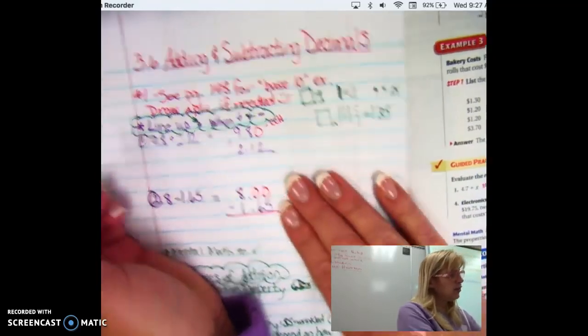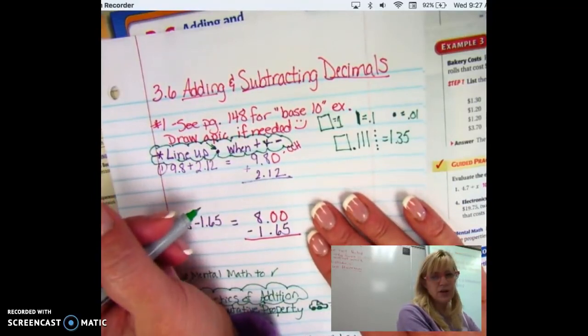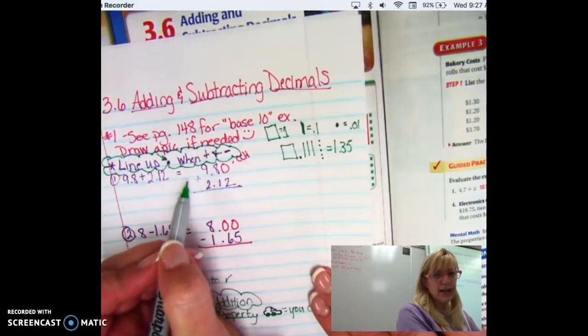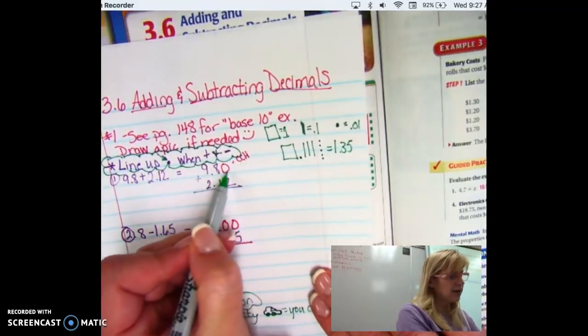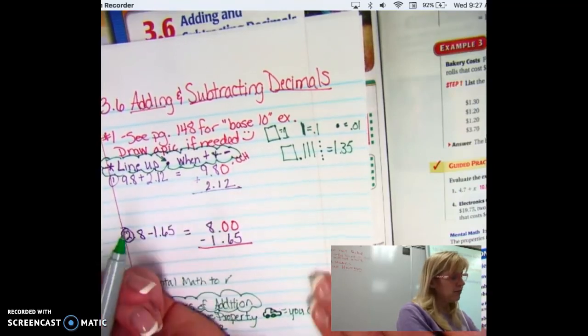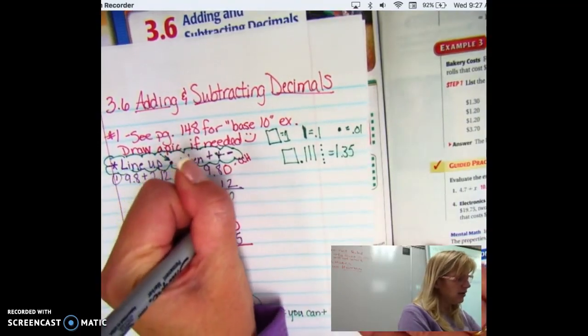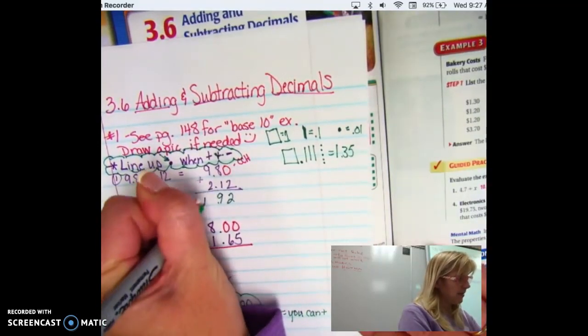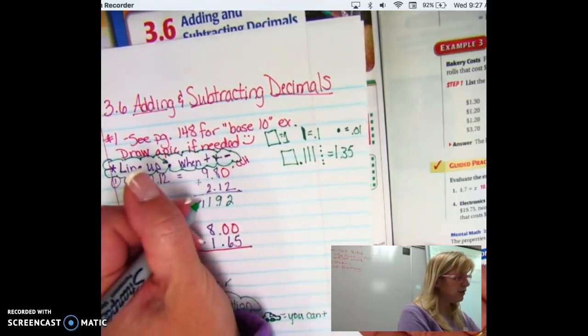So if you see a question that reads 9.8 plus 2.12, how that works is you do 9.8, and then I added a 0, and 2.12. So you just add this as you would normally. So you should get 11 and 92 hundredths, or 11.92.